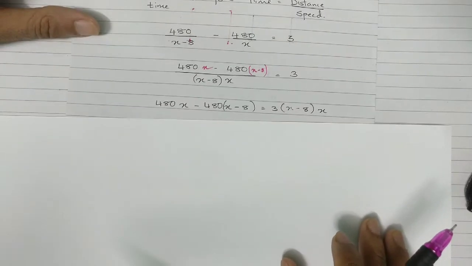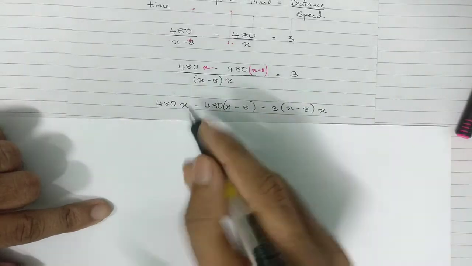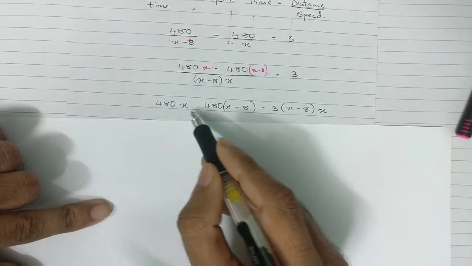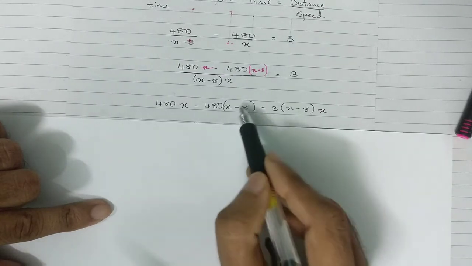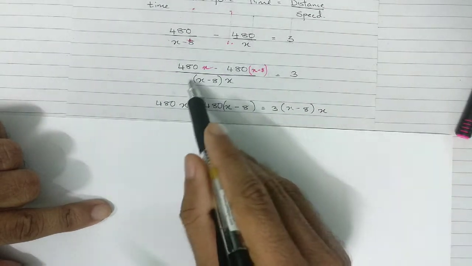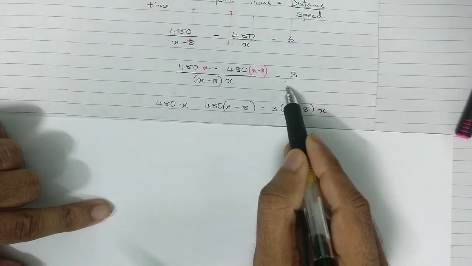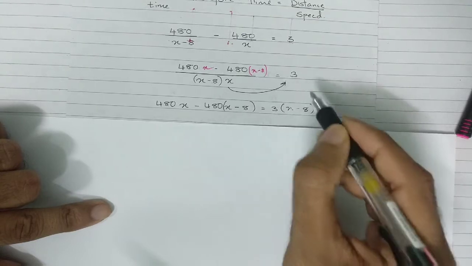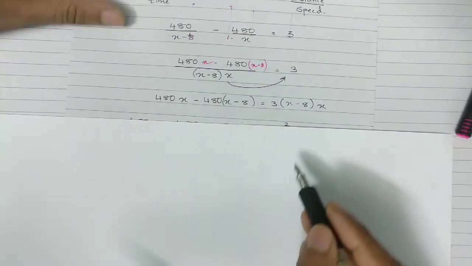So after solving this, 480 into x will become 480x, okay, minus 480, and the rest is written as it is. This which is there in the denominator goes on this side, and it will be multiplied with this 3.